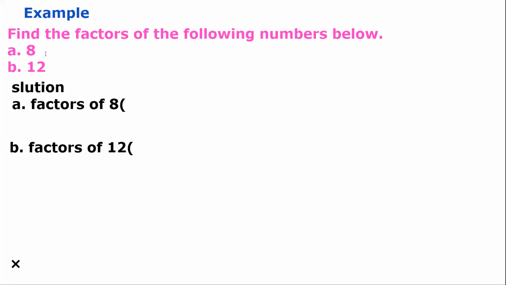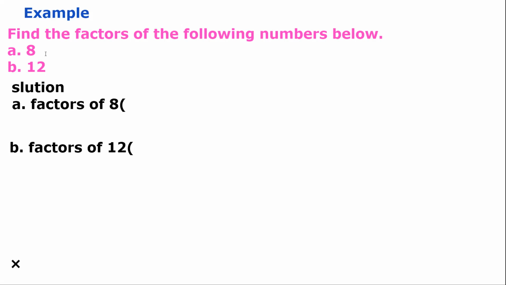When you talk about the factors of 8, you are referring to all those numbers that can divide 8 equally, or all those numbers that when you multiply you get 8. That is why we say factors have a definite end.